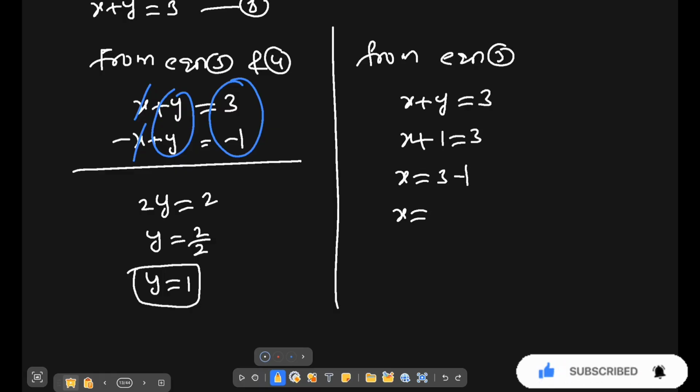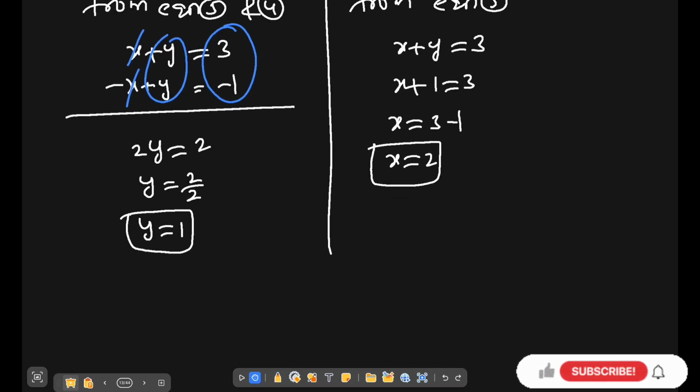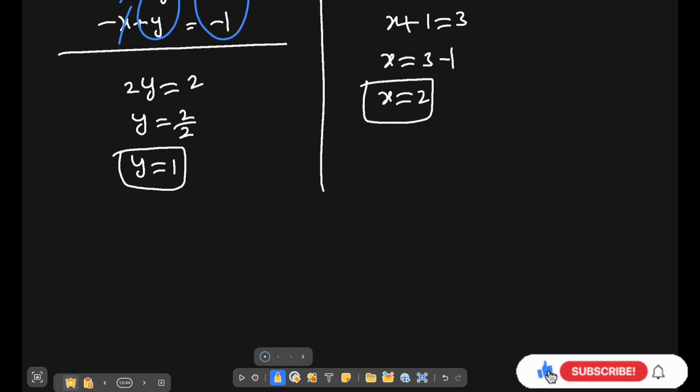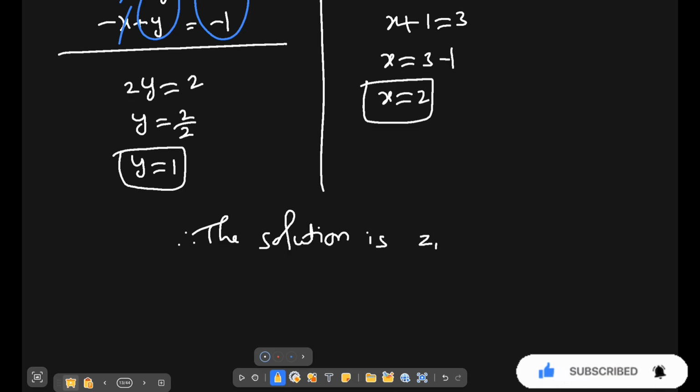Now x is equal to 2. So therefore the solution is 2 comma 1, x coordinate comma y coordinate. So this is the solution for this question.